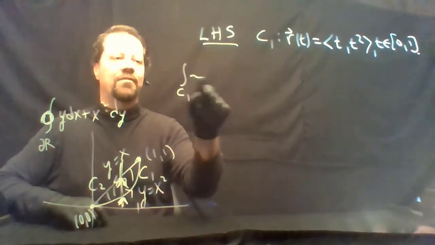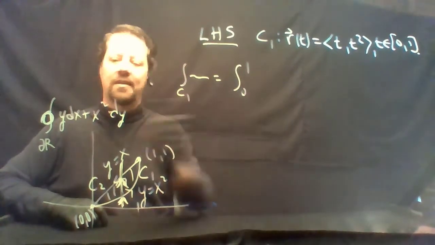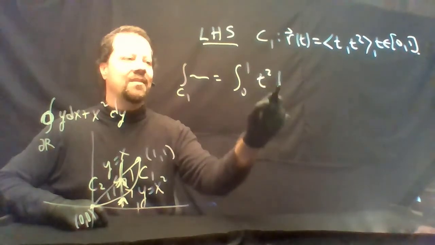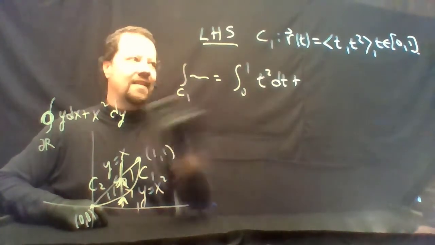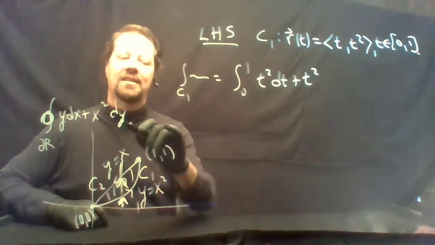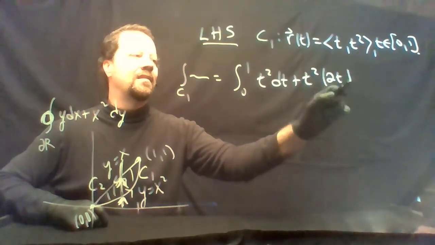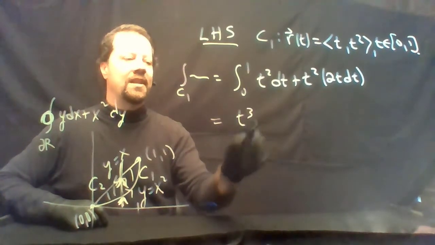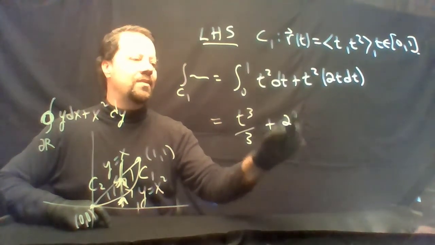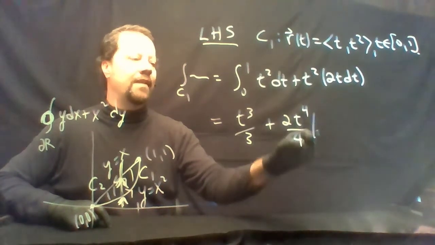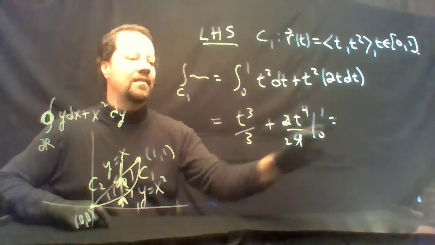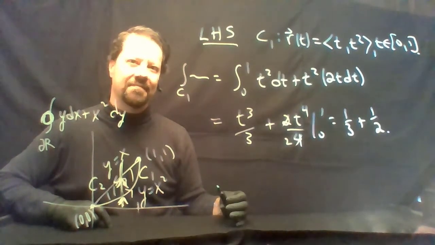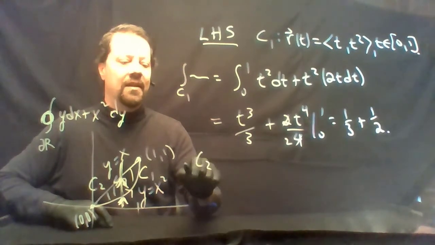So the integral on curve 1 will be the integral from 0 to 1 of y times dx plus x squared times dy. That's going to be t cubed over 3 plus 2t to the fourth over 4, evaluated from 0 to 1. That's 1/3 plus 1/2.